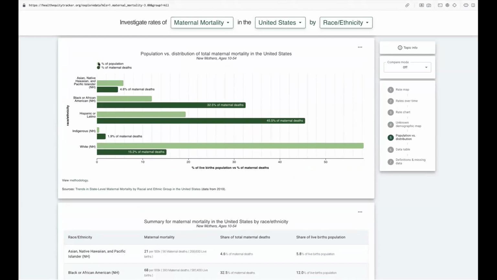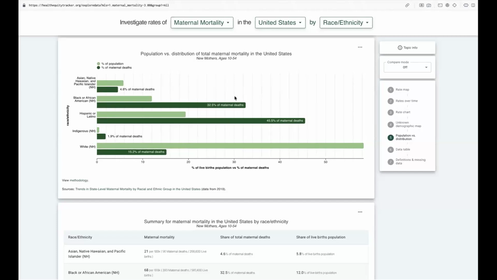Instead, we're inverting the calculation. We're saying of all of the maternal deaths that were recorded, what share of those belonged to each demographic group? Then how does that compare to the population at large, the percent of that population?